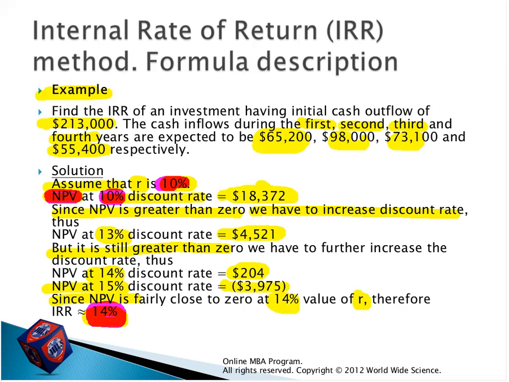Then you will get 18,372. This is already net present value. You have to calculate the present values over the 4 years, then deduct from your investment. Then you will find the net present value. Okay, let me show you where I found this present value. Let me type for you.